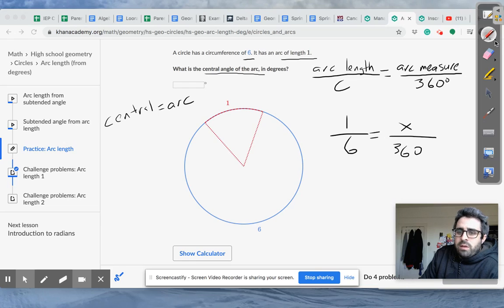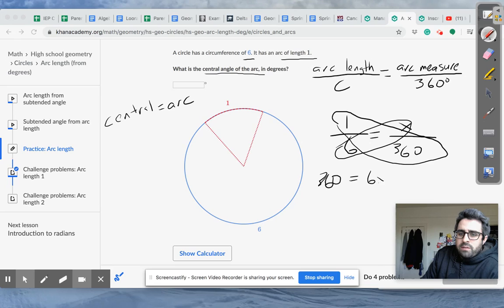Basically, all you have to do in order to solve this is simply cross multiply. So we do 360 times 1, which is 360, is equal to 6 times x, which is 6x.